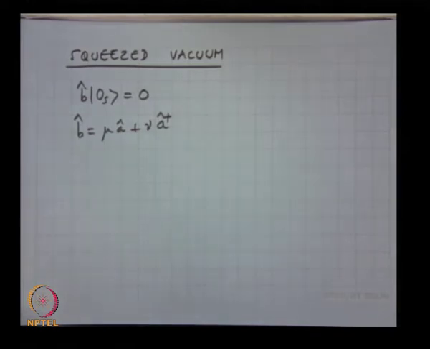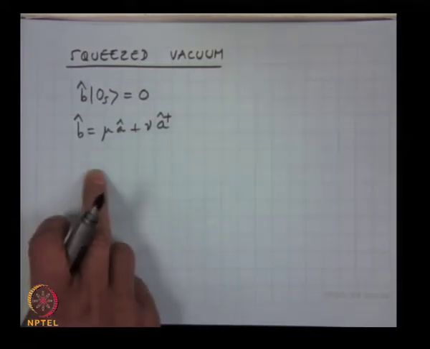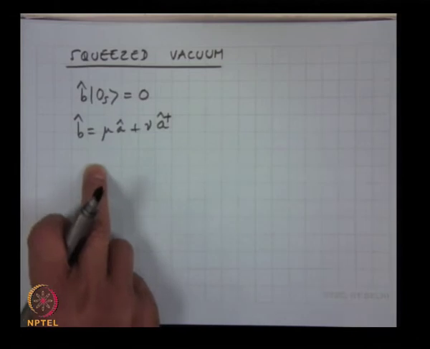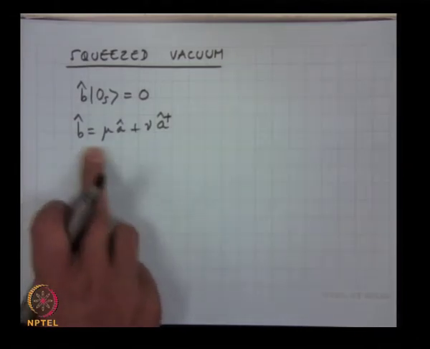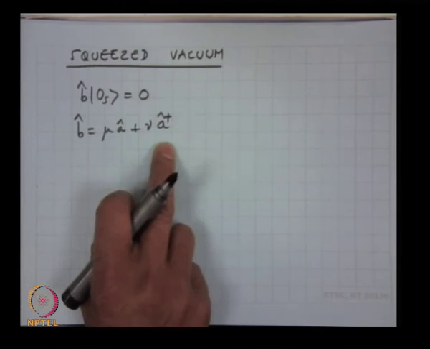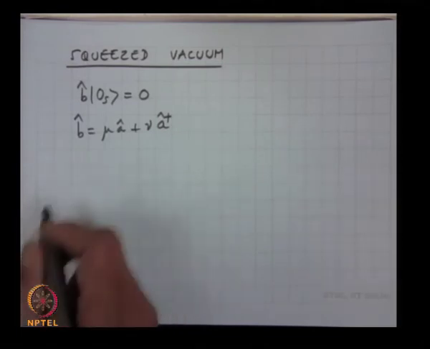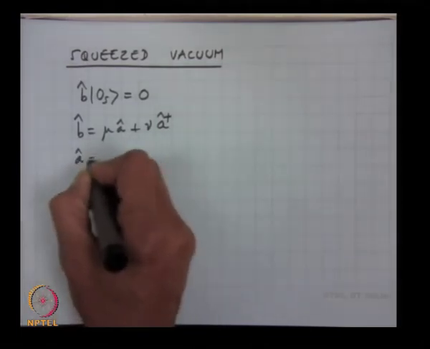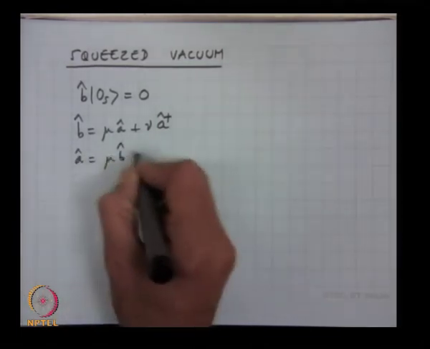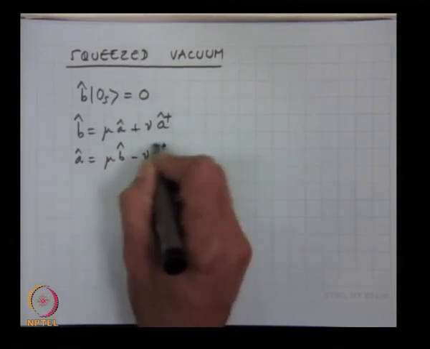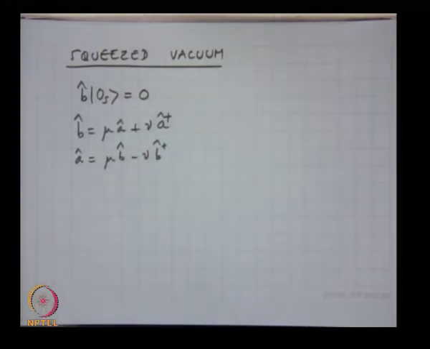Next class I will show you that the output from a degenerate parametric down conversion process with no input at omega generates this kind of a state. Now from here you can actually calculate, which we have done earlier, mu b minus nu b dagger, because we need expectation values of the various quantities.